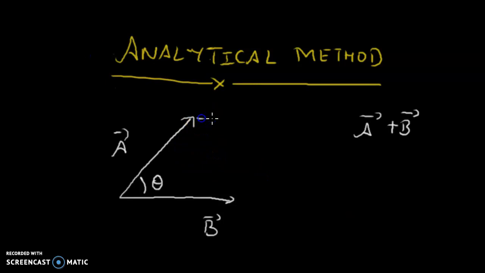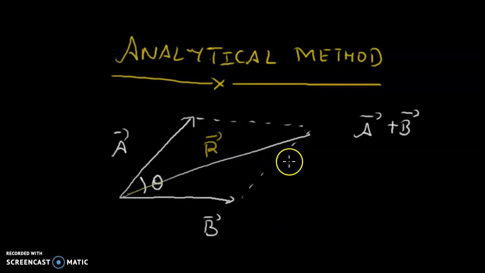I would make a full parallelogram here. Then the diagonal represents the addition of these two vectors. So this would represent the resultant of vector A plus vector B.